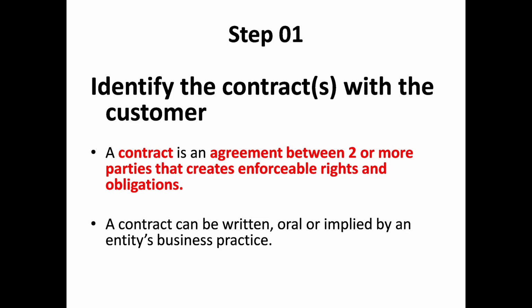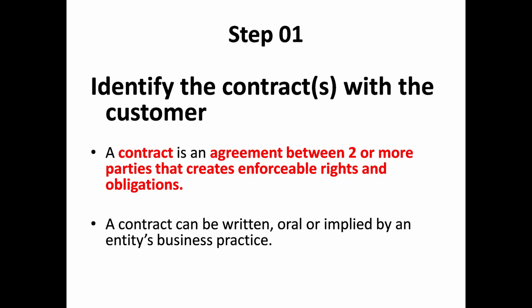Now tell me, what are the rights and obligations of the seller? Seller's obligation is to supply 10 hand sanitizer bottles at 100 rupees each within 1 week of the date of the order. What's the seller's right?